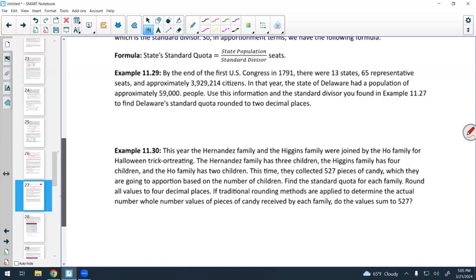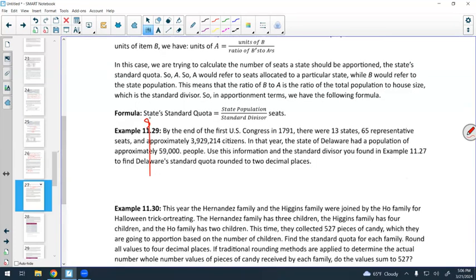So again, by the end of the first U.S. Congress in 1791, there were 13 states, 65 representative seats, and approximately 3,929,214 citizens. And that year, the state of Delaware had a population of approximately 59,000 people. Use this information and the standard divisor you found in the previous example to find Delaware's standard quota rounded to 2 decimal places.